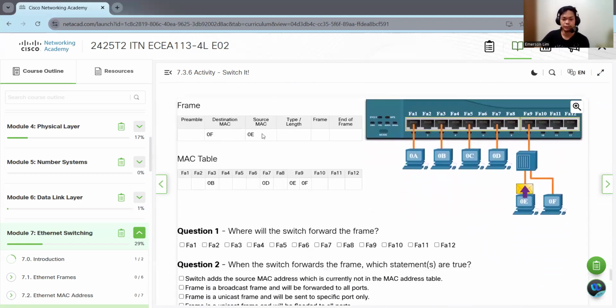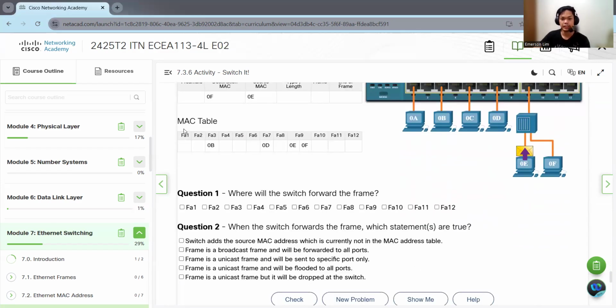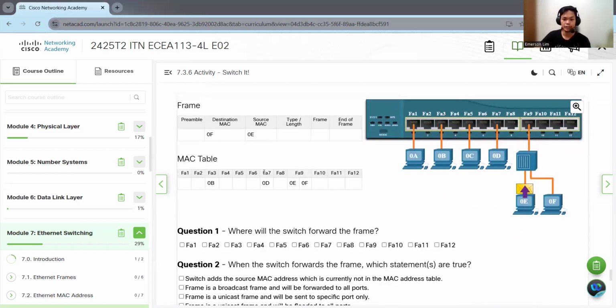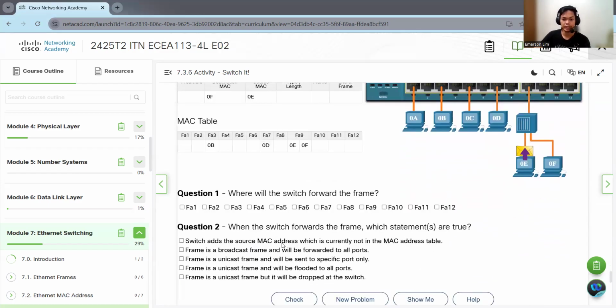Let's do the same problem solving as the first question. The destination MAC is 0F. The source MAC is 0E. So the MAC addresses are recognized. So this falls.